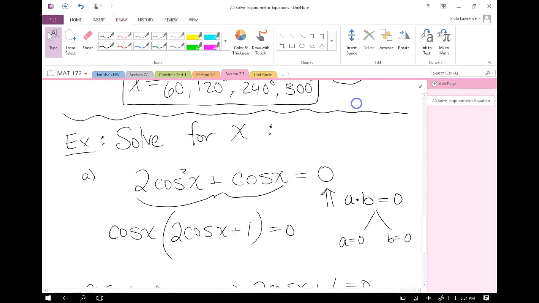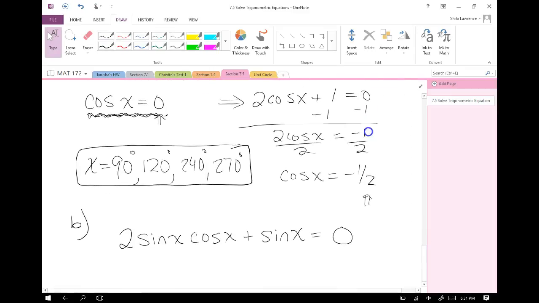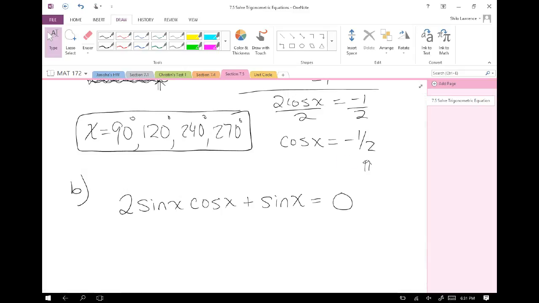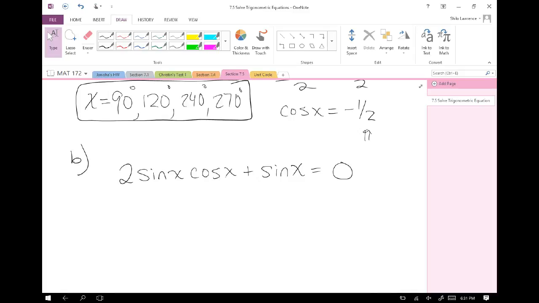So in the first example, it really was the same trig function, but we couldn't combine them because they were not like terms. Now in the second example, it's 2 completely different trig functions. But again, the only way to isolate these guys is to factor it. We've got to separate them into 2 separate equations somehow, and then be able to isolate the sine and the cosine individually.